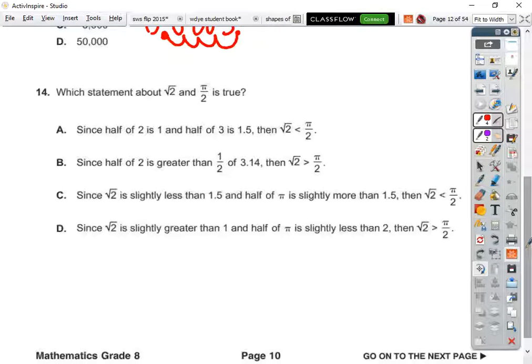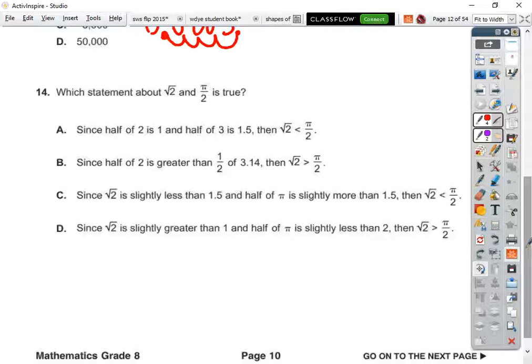Which statement is true about the square root of 2 and pi over 2? Okay, they're both irrational numbers, we know that. Since half of 2 is 1 and half of 3 is 2.5, then the square root of 2 is less than pi over 2.